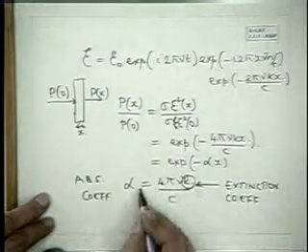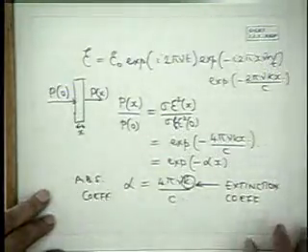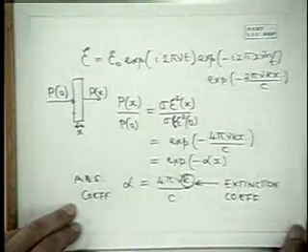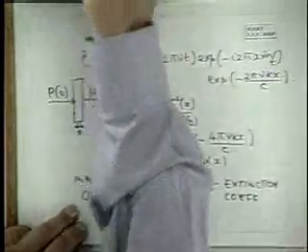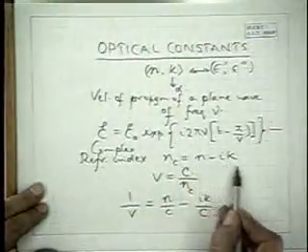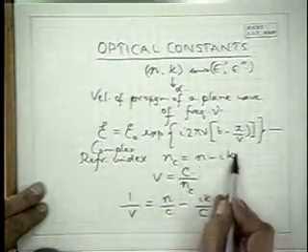And you see they're linearly related. This is just 4 pi nu by c, the frequency and the wavelength. So the extinction coefficient is the imaginary part of Nc, which is equal to n minus ik. This is the real and this is the imaginary part.